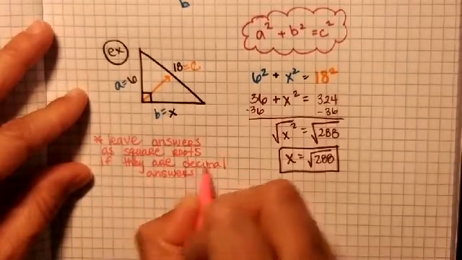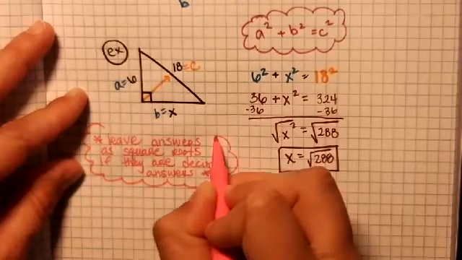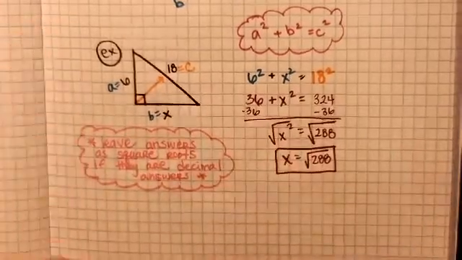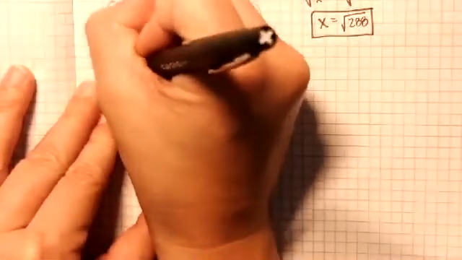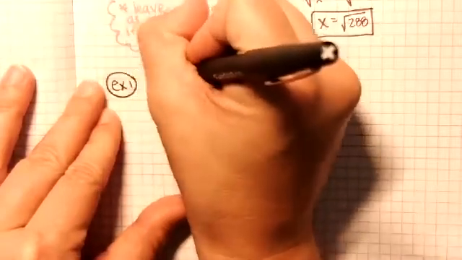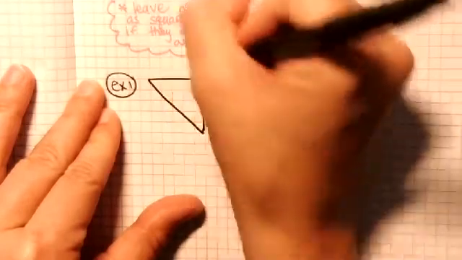That's called being irrational, and we're just going to leave it as the square root, okay? So I'm going to have you do a couple of examples. So go ahead and find the missing piece of both of these triangles.